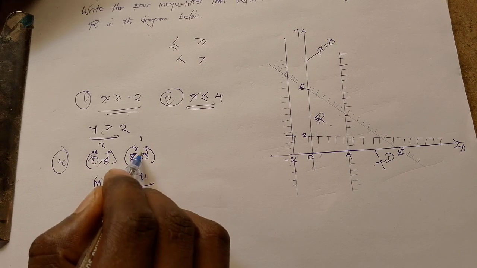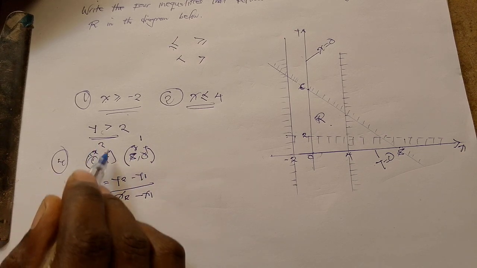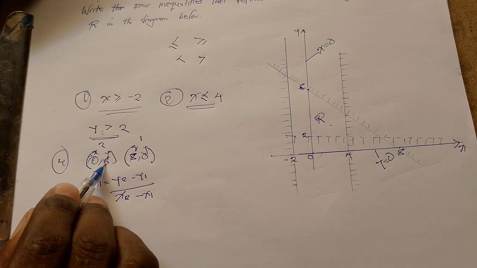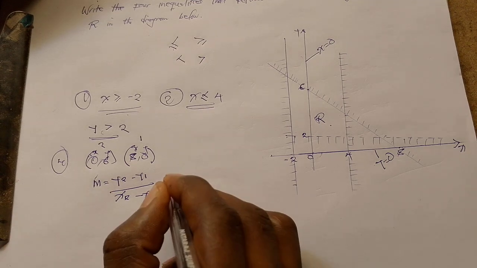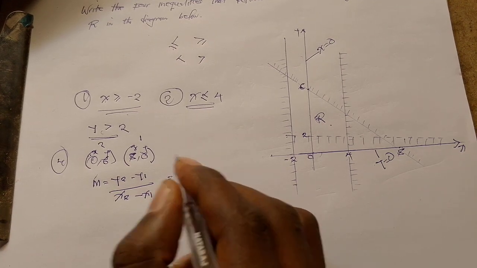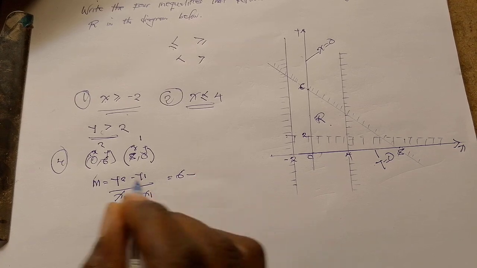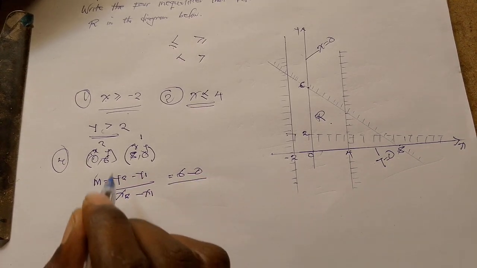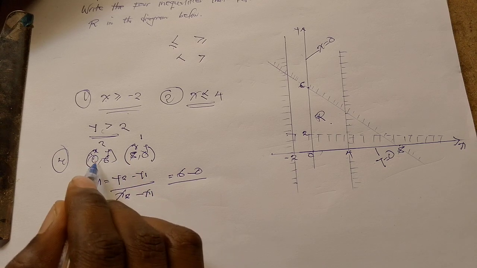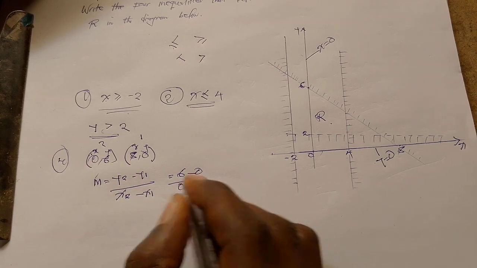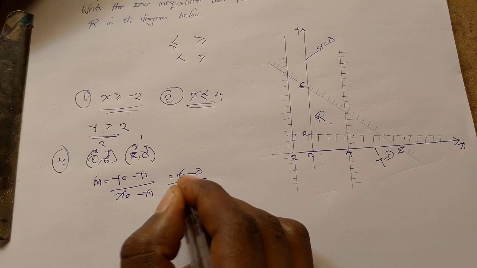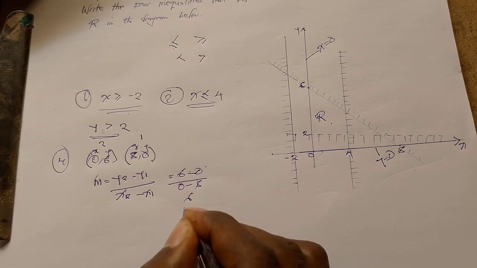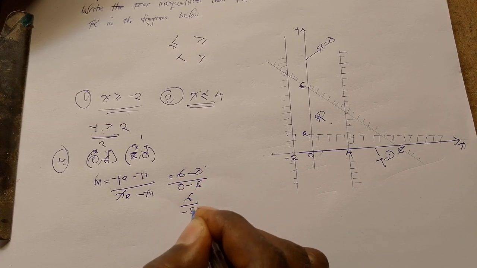If this is 1, this is 2. On y, we'll put positive 6, so therefore it will have positive 6. Then minus 0, over x2, we have 0, minus 8. So 6 take out 0 gives us 6, then here we get negative 8.